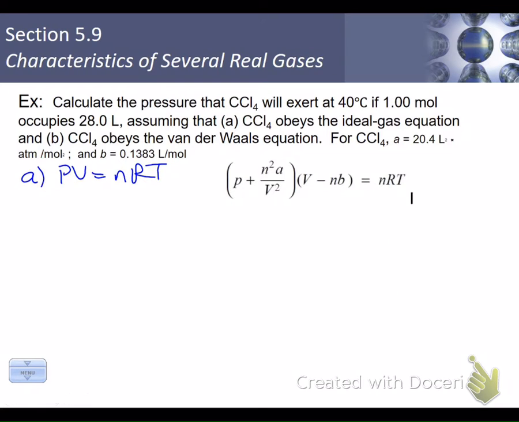So P will equal nRT over V. I'm going to plug in those values. We have 1 mole. We're going to use 0.0821 liter-atmospheres per mole-Kelvin. And the temperature here is 40 Celsius, so that's 313 Kelvin.